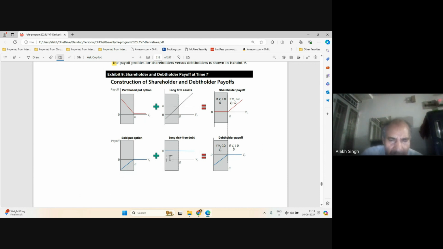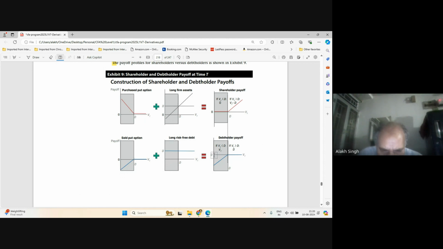They also bought long risk-free debt, which means, of course, they lent it at the risk-free rate, but for additional credit risk, they sold the put. So they got the put money today and put it in their pocket. When combined, this becomes their payoff.